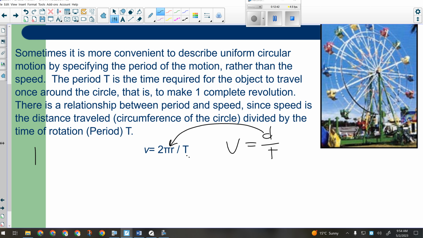Or, since period equals 1 over f, and f equals 1 over t, so this is 2 pi r over t, could I substitute f in for t?